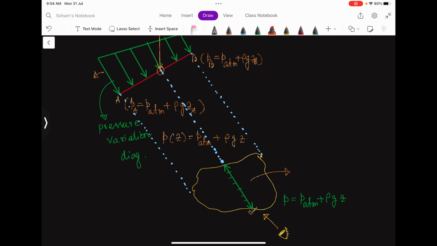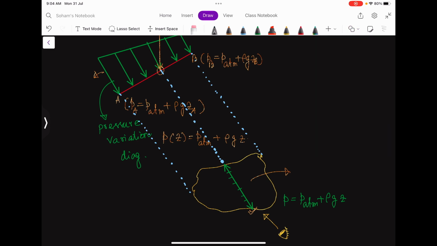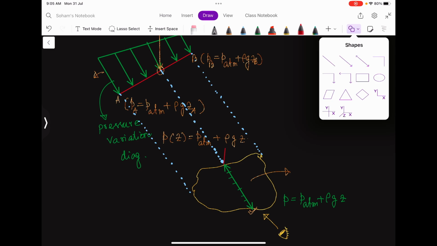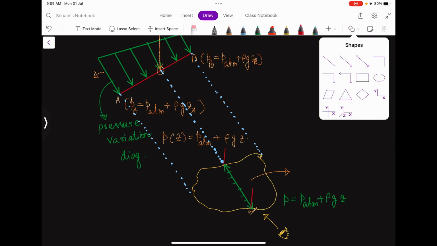Just try to imagine. I am making this effort to help those who are studying fluid mechanics for the first time. If you have studied fluid mechanics before, then you will be able to understand.